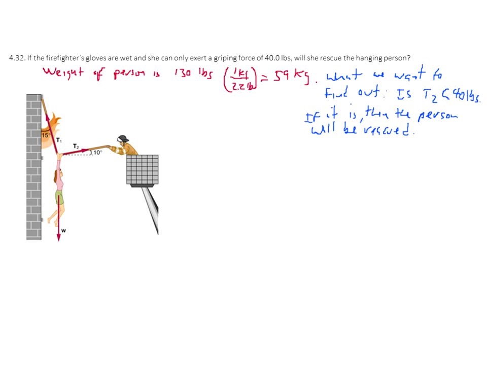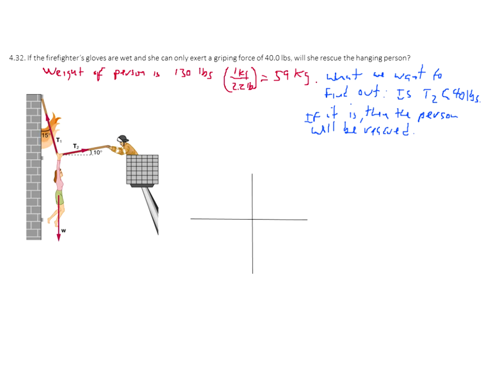So let's have a set of axes here. In this case, it makes sense to have our traditional x and y axis, not tilted like we had with the previous problem.